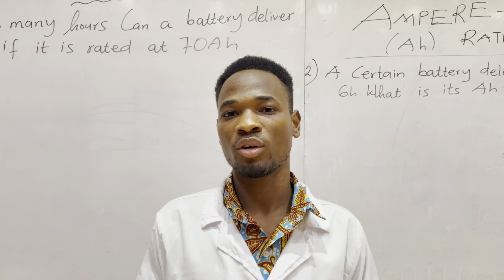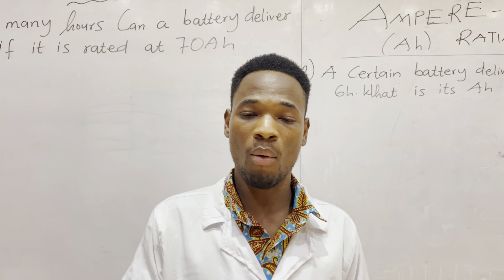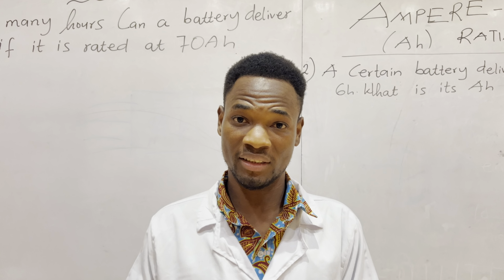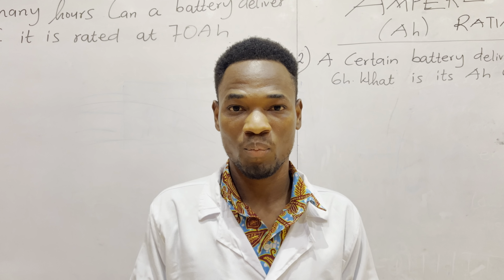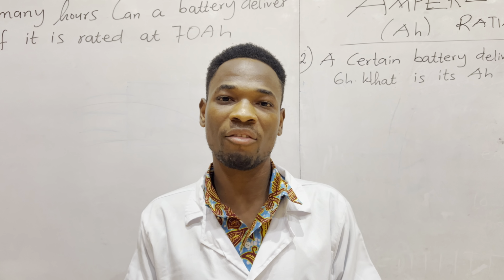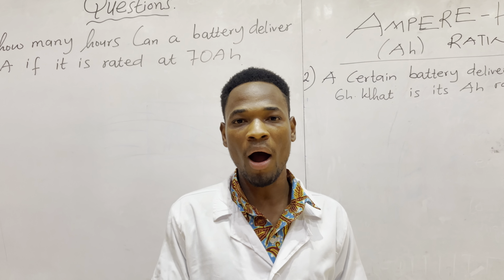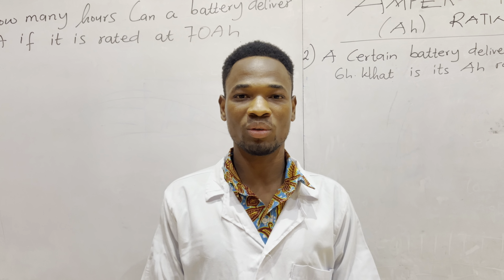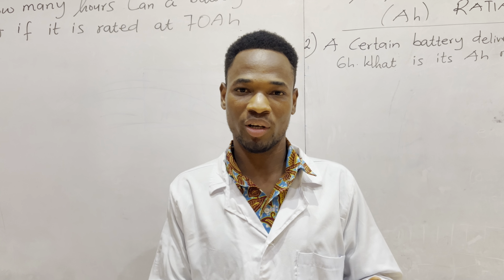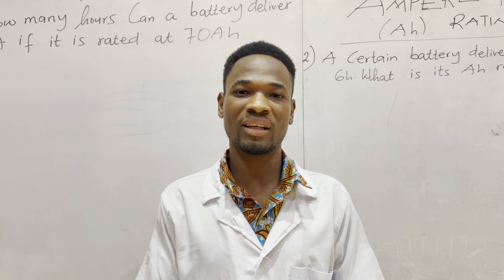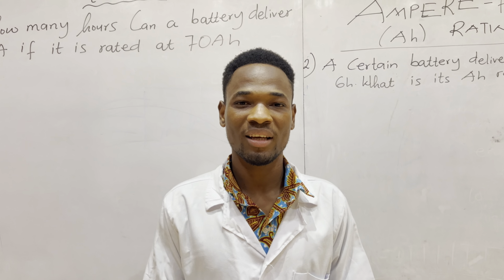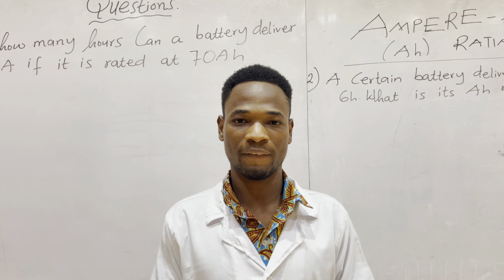If you have a high Ampere-hour rating, it will take a very long time for the battery to exhaust its energy. However, when you have a battery of low Ampere-hour rating, it will take a short time for the battery to exhaust its energy. So let's see how we can use this in solving calculations.